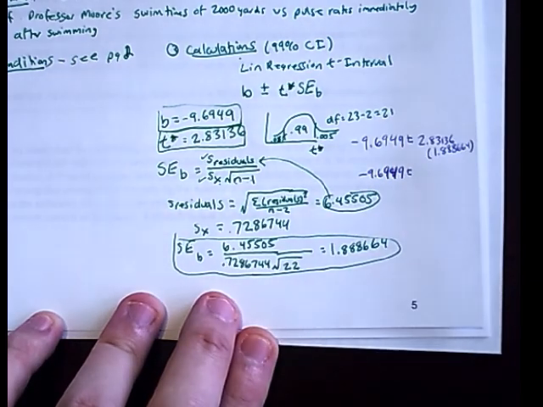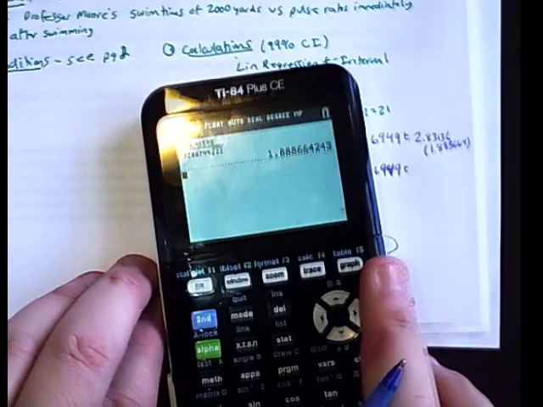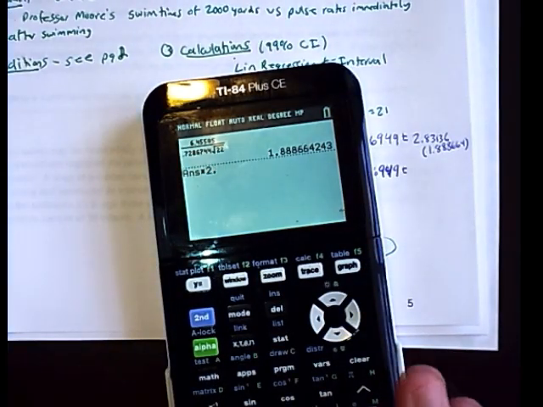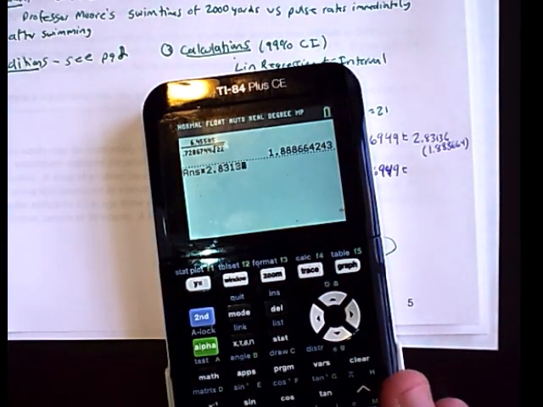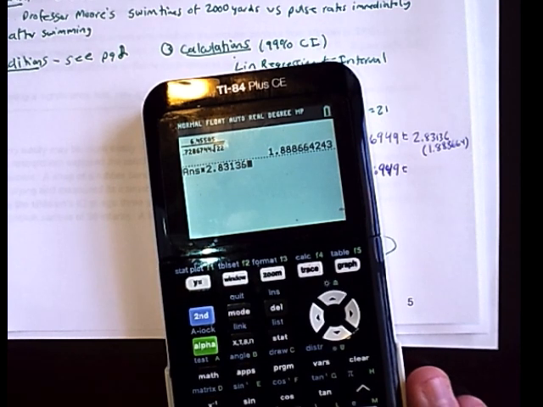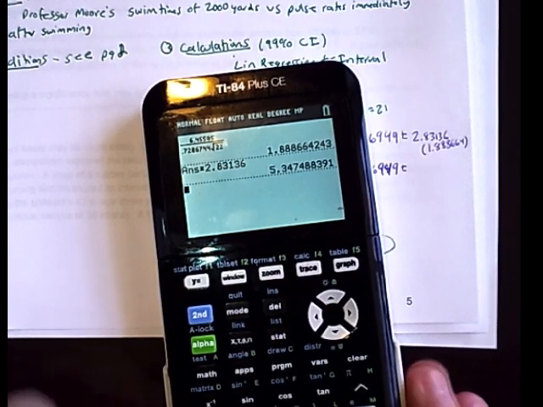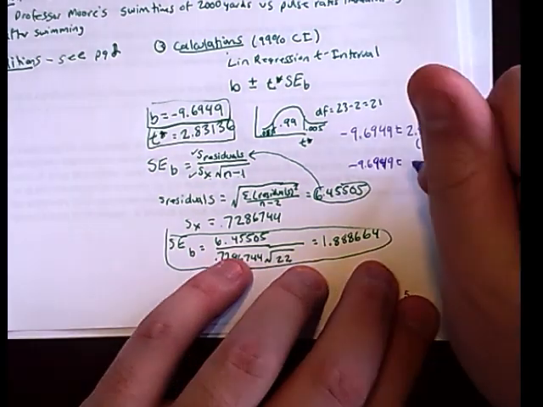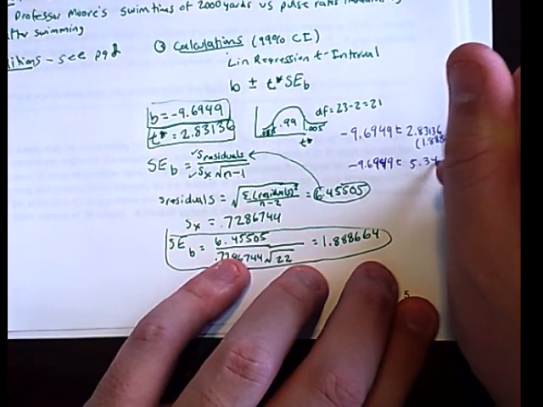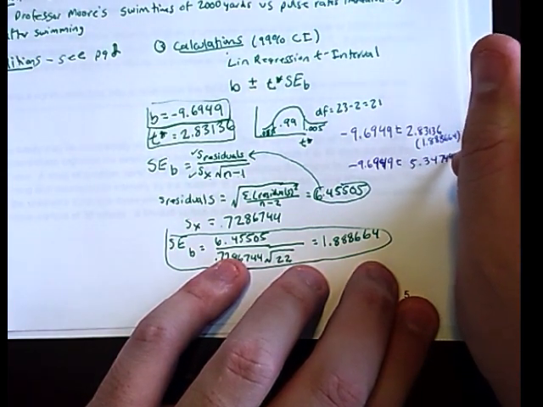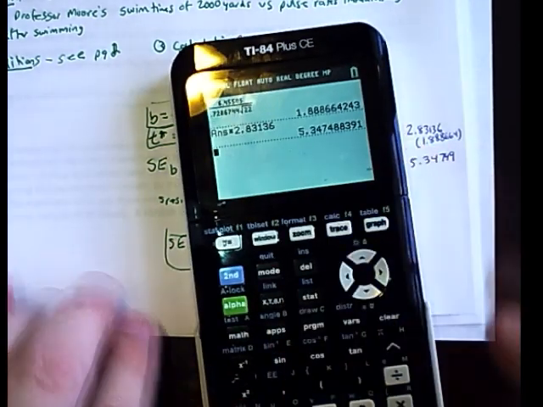Let's do that multiplication right there. That number times the 2.83136 gives 5.347749.